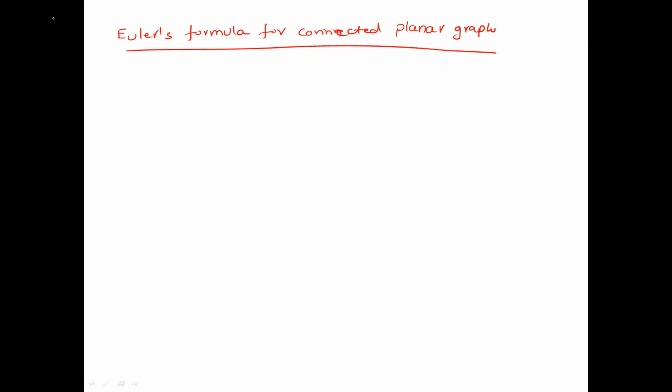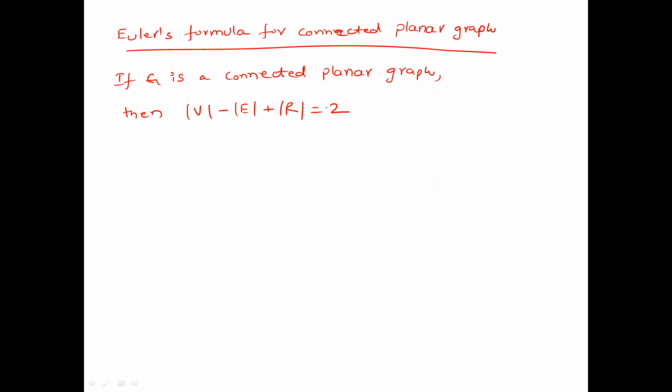If G is a connected planar graph, then mod V minus mod E plus mod R is always equal to 2. So this is Euler's formula for the connected planar graph.